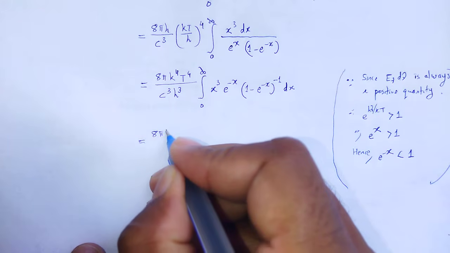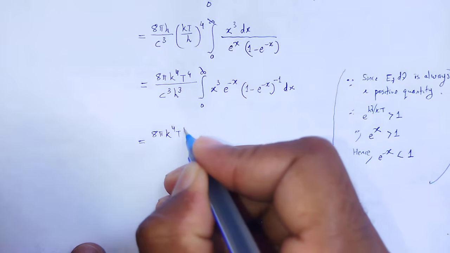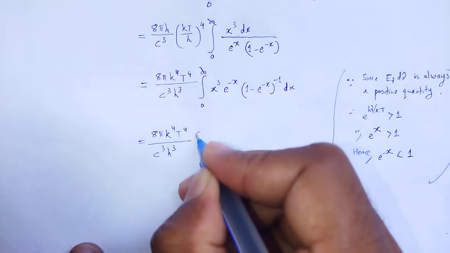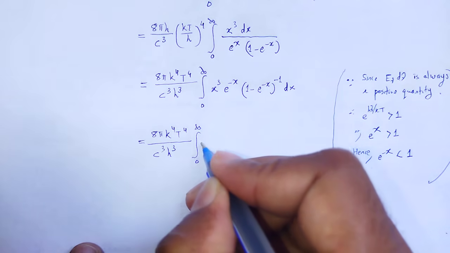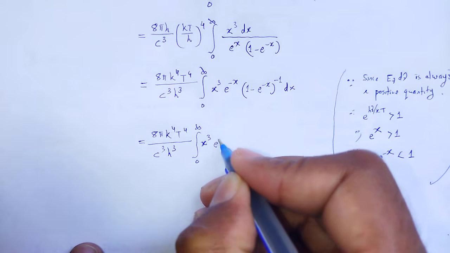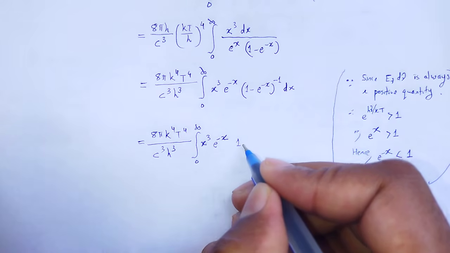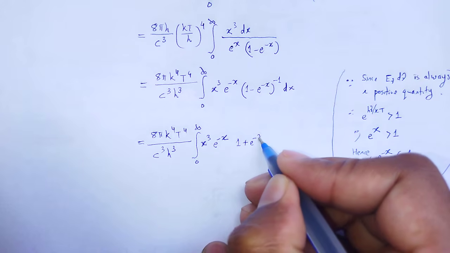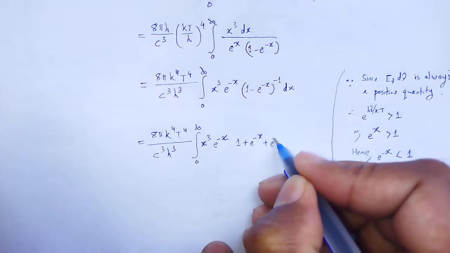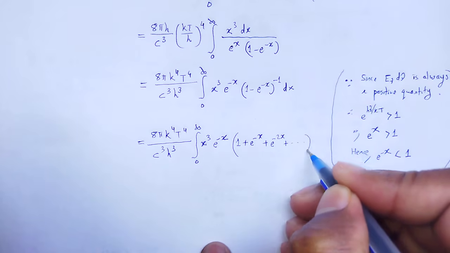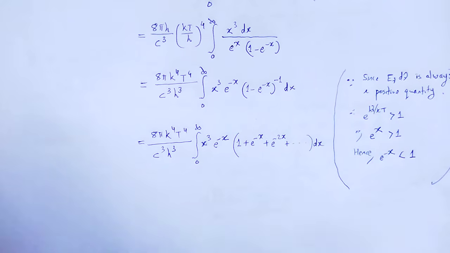8 pi k to the power 4th t to the power 4th divided by c cube h cube, integration over 0 to infinity x cube e to the power minus x. Now we expand it binomially as 1 plus e to the power minus x plus e to the power minus 2x and so on, dx.